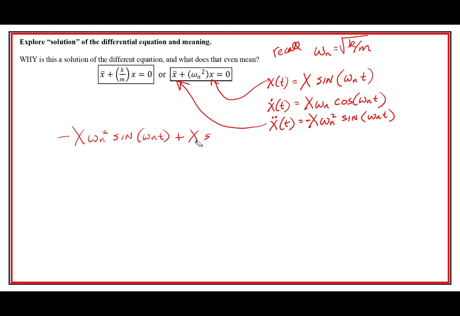Oh, we have to put the omega n in there. I forgot the omega n. The omega n squared times x times the sine of omega n t.